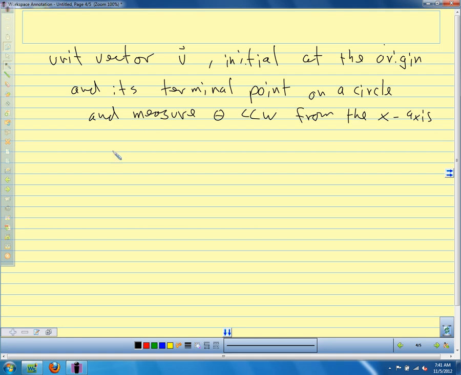We can write that u is the vector cosine theta, sine theta. And this is the same as saying cosine theta i plus sine theta j in the two different representations. And so this gives us a way to represent vectors using polar coordinates.